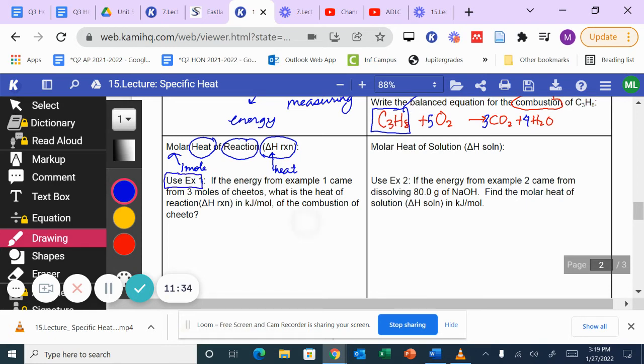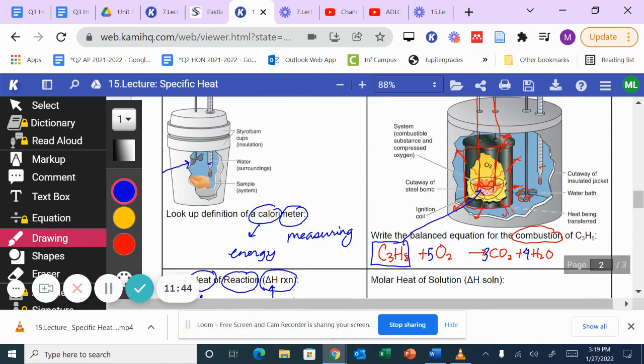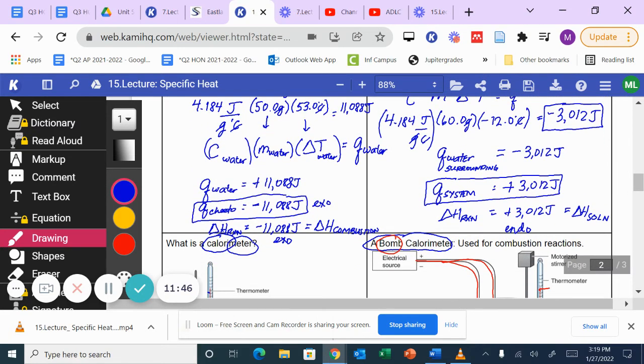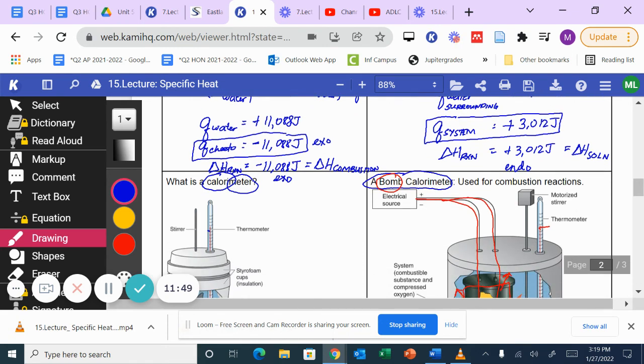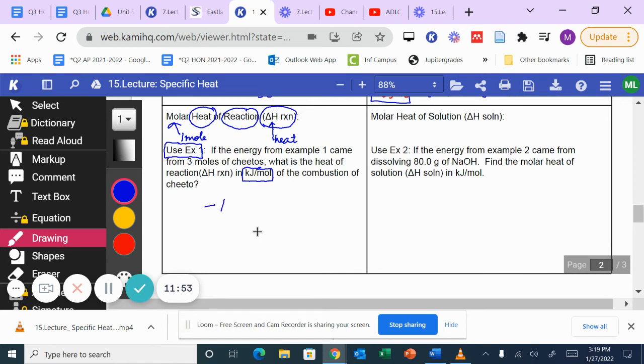It says, if the energy from example 1 came from 3 moles of Cheetos, what is the heat of reaction in kilojoules per mole? We're going to take the heat from a Cheeto, which is negative 11,088 joules. I'm going to convert that to kilojoules because it says kilojoules. 1,000 joules is 1 kilojoule.